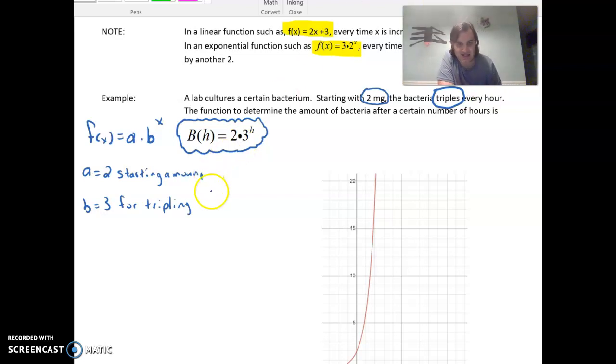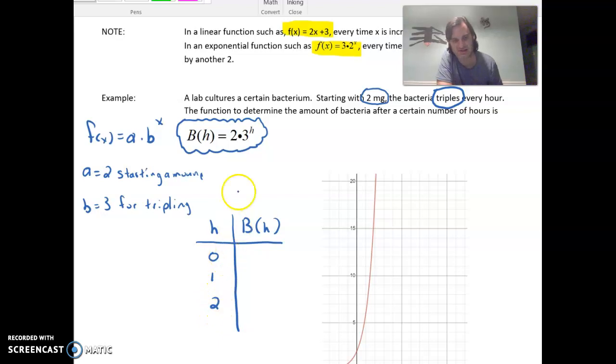If we make a very short table, we're going to put in h and get back b of h, because when you raise things to an exponent, they grow really quick. Let's plug in 0, 1, 2. You may have to use a calculator, but 2 times 3 raised to the 0 would be 2.